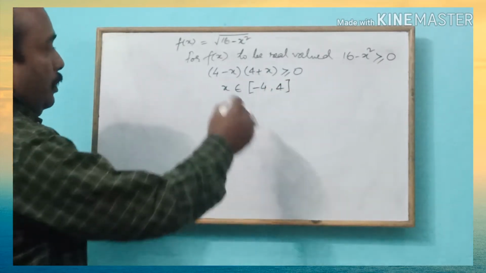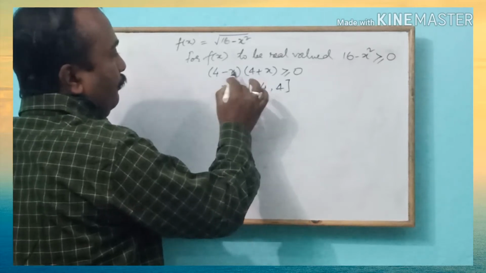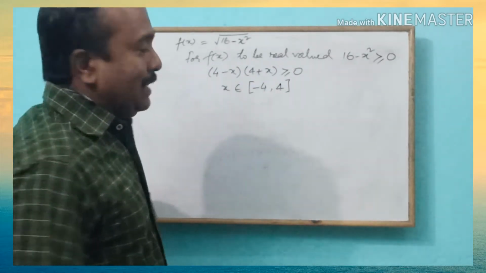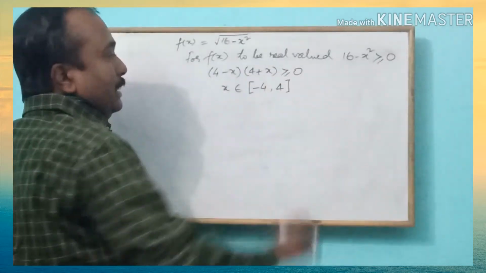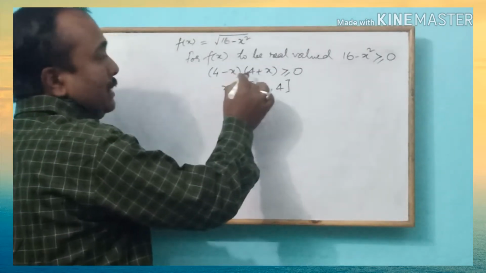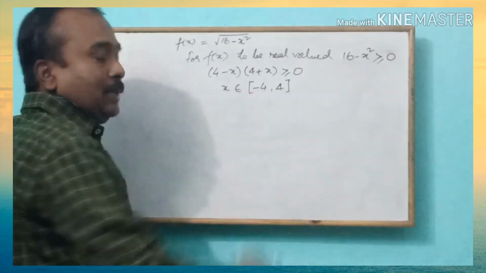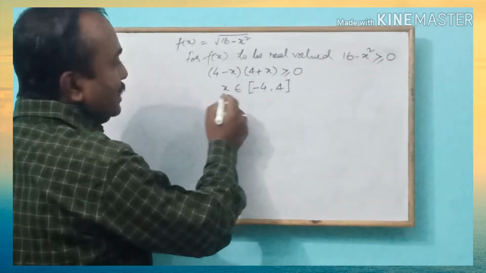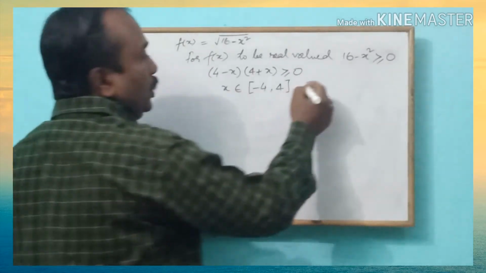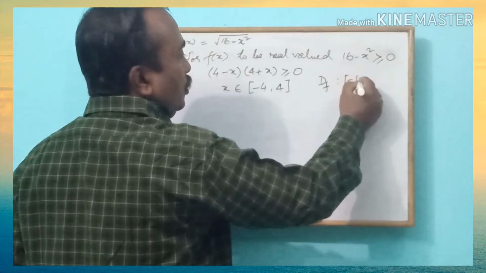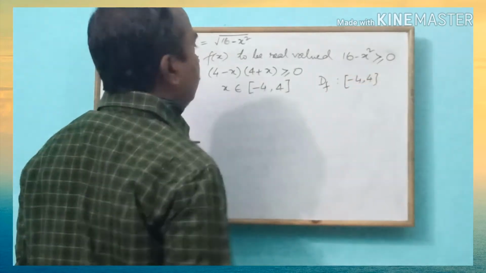We know from the properties of inequality, if a minus x into a plus x is greater than or equal to 0, then x belongs to minus a to plus a. So this is the domain we have got. So the domain of f is minus 4 to plus 4.